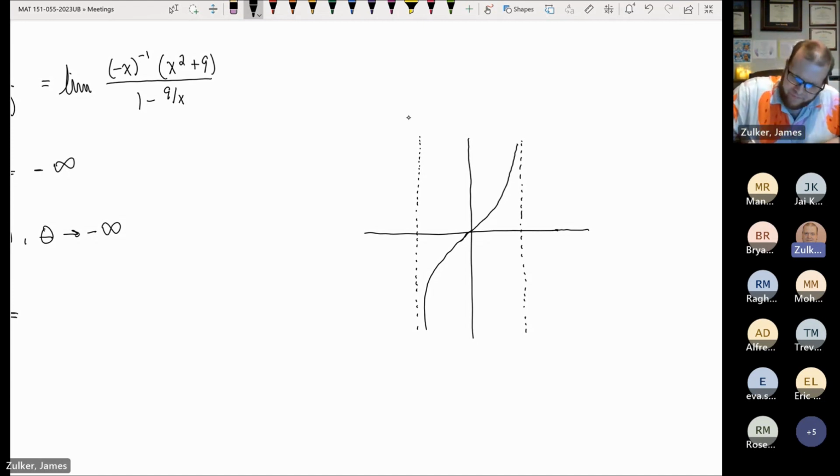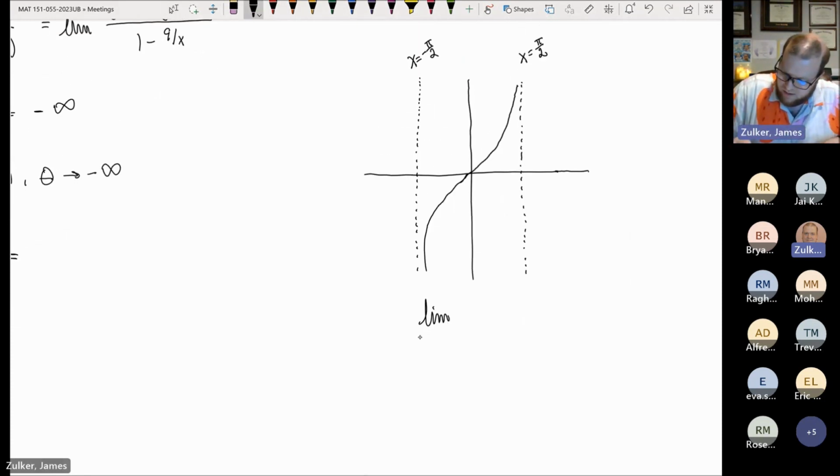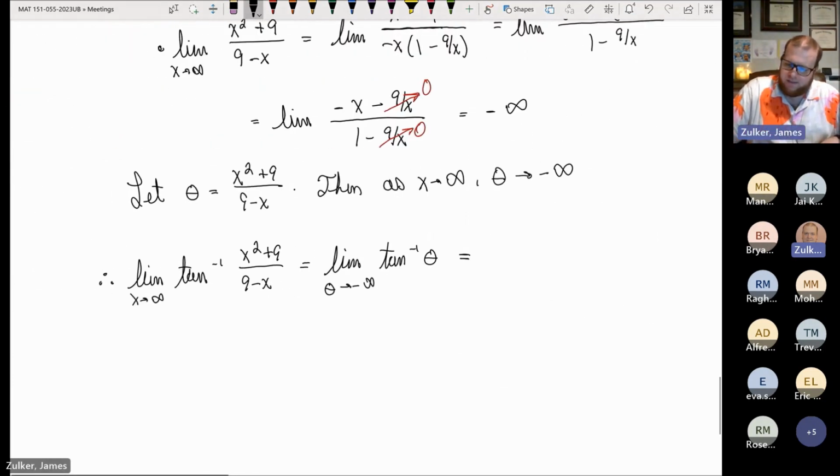Something like this, isn't it? So notice that this one-sided limit is negative infinity, right? As we approach negative pi over 2 from the right-hand side, tangent goes to negative infinity. This means that this limit would be negative pi over 2.